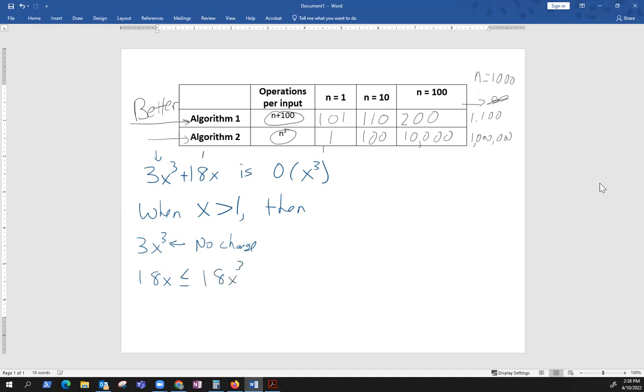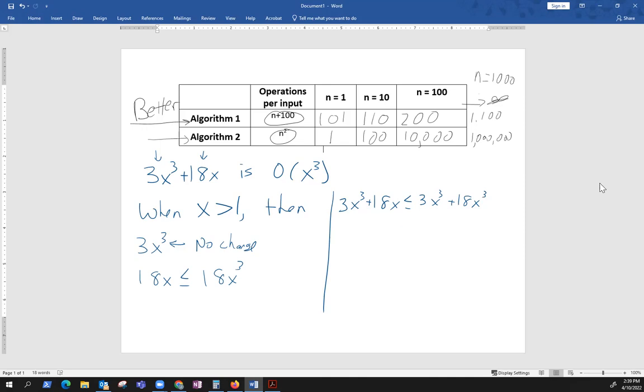So I look at the second term. And what I'm doing is I'm replacing everything in there with something times x cubed, because that's going to let me say that 3x cubed plus 18x is less than or equal to 3x cubed plus 18x cubed.